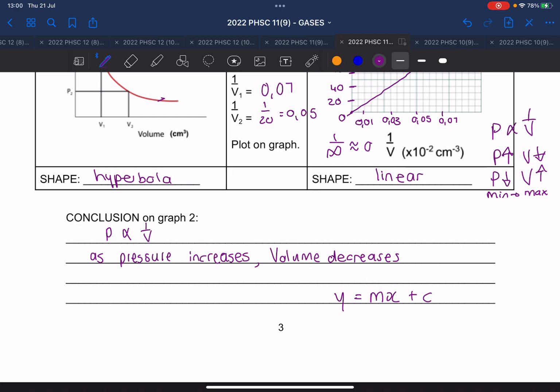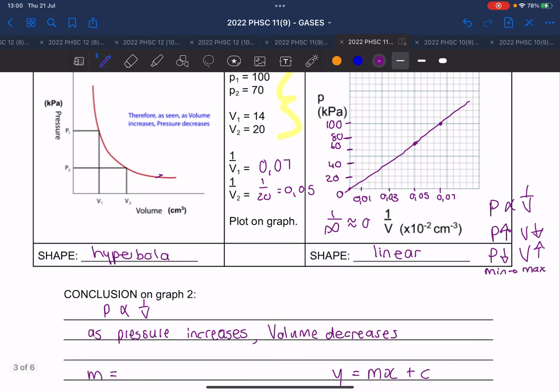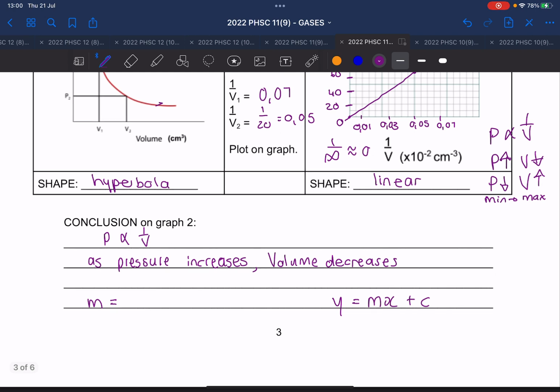Okay, so the m of this would be, what is the equation of the gradient? y2 minus y1 over x2 minus x1.